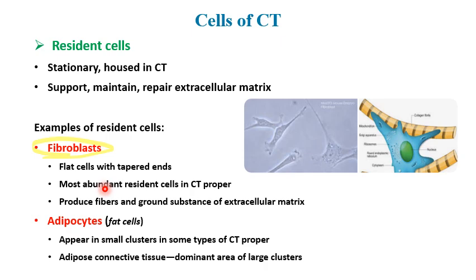They adhere to the plastic really well. They form this nice layer on the growing plate. So it's actually easy to work with them. Okay, so they look flat, right? They look kind of like a fried egg. And you have a lot of them in connective tissue proper.